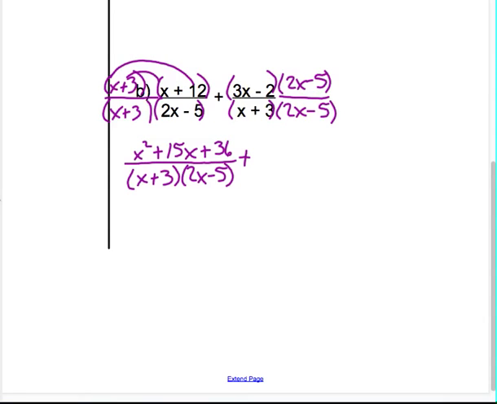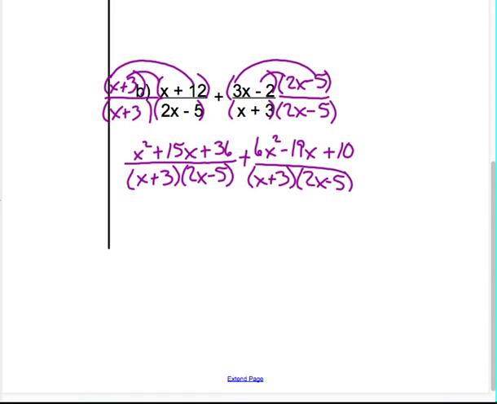And in my second one, when I distribute, I get 6x squared minus 15x minus 4x is negative 19x plus 10, the negative 2 times negative 5, and leaving my denominator factored for now. Combining like terms in my numerator, I get 7x squared minus 4x plus 46 all over my denominator.